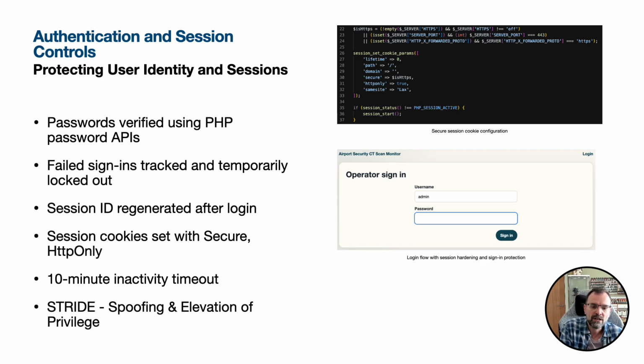So in STRIDE terms, these will reduce the risk of spoofing and also reduce some level of elevation of privilege risk. It should be clear that the access control here is quite simple. Authentication is handled inside the prototype. In a real deployment, I'd expect this to be federated with the airport's own identity access management system rather than standalone local accounts in the application.